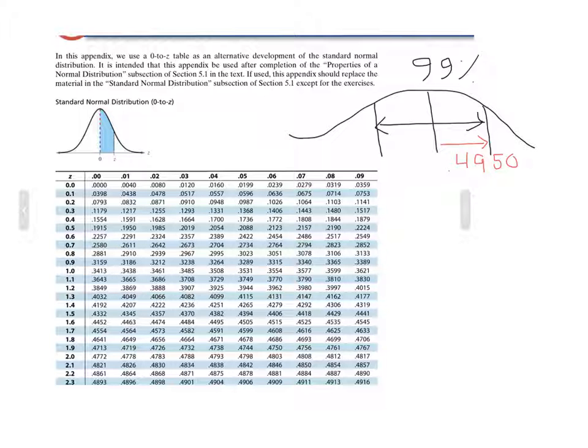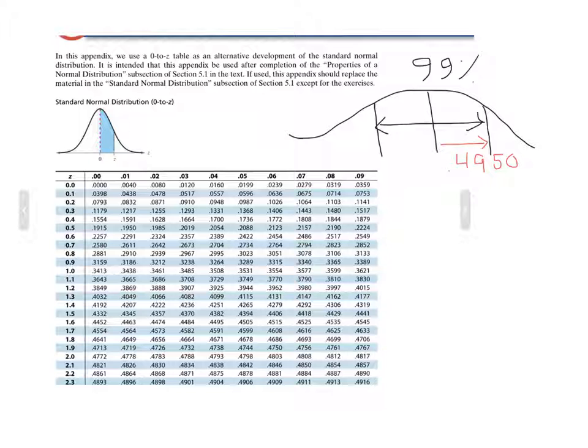So we want to look in the body of our table and try to get as close to 0.495 as we can possibly get. Well, we find, oh, I see that I didn't copy enough of my table, but we find that it's somewhere right in between 2.57 and 2.58, a little bit closer to 2.58.